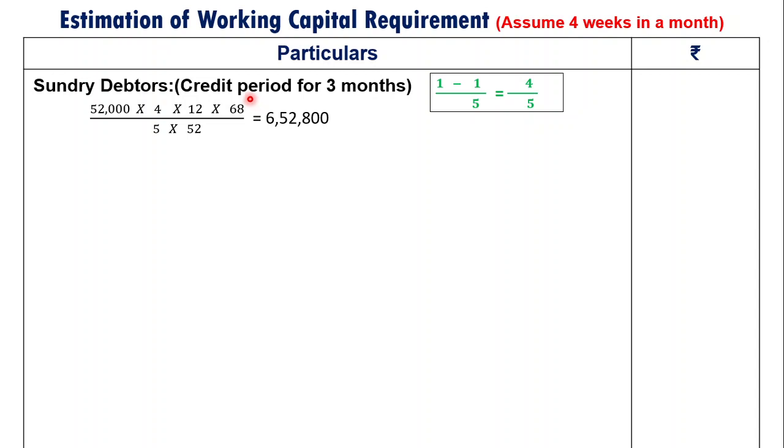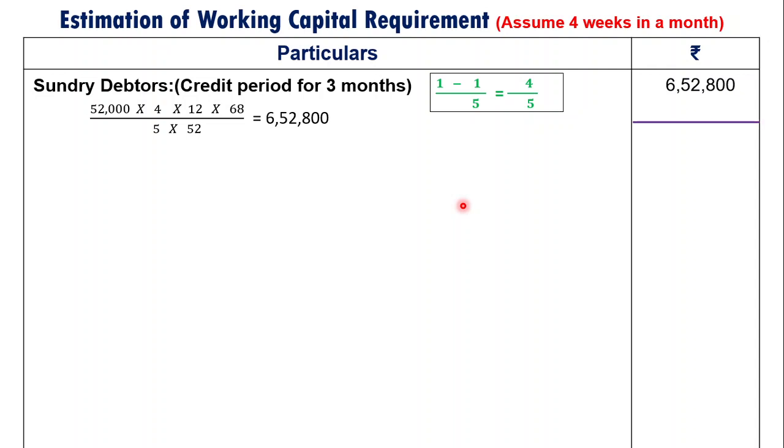We discussed in detail in an interaction class as well as in the previous video the calculation of sundry debtors based on total cost only. So 68 rupees is the total cost as per our calculation in the working note. The simplification of this is 6,52,800, recorded in the outer column.